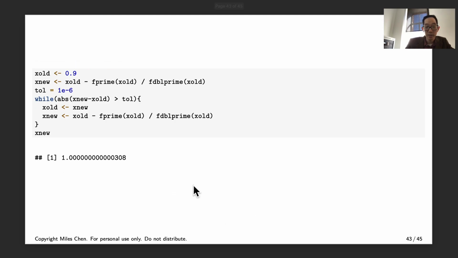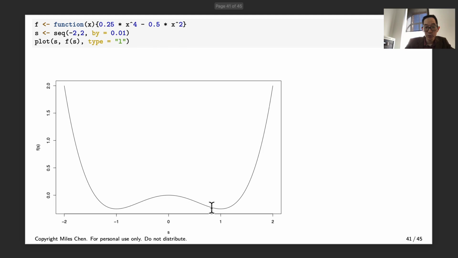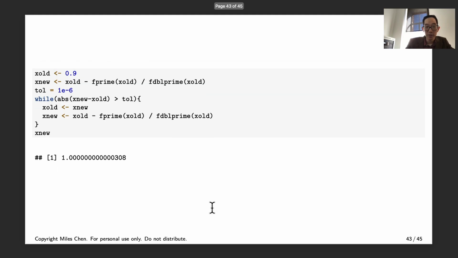If I start off at a slightly different starting point, 0.9, I also end up at approximately 1. It's always approximately, right? 1.000000, a lot of zeros, but I get approximately 1, so that's going to be our local min. If I start off at, say, 0.1, I get something that's approximately 0, 10 to the minus 24, approximately 0.